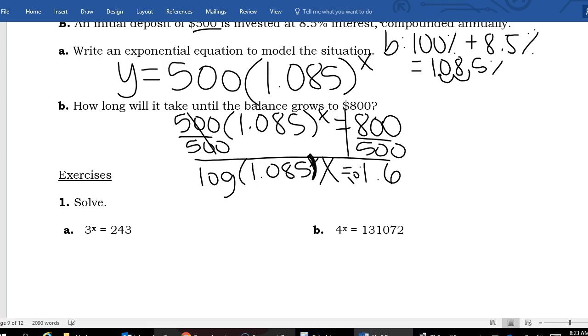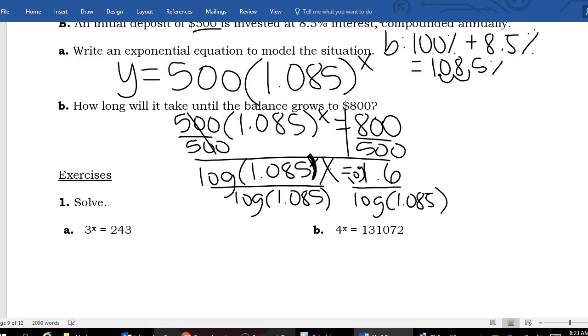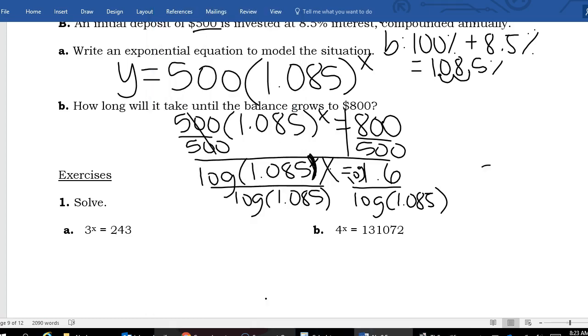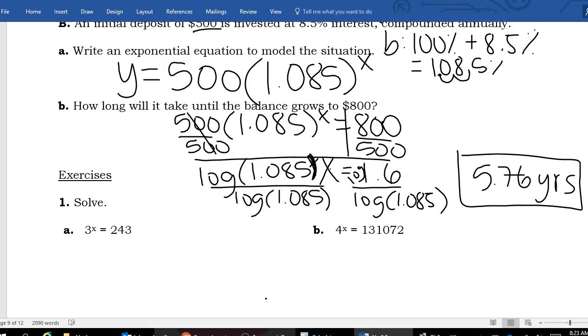So we're going to divide by the number in front of x. We're going to divide by log 1.085. And on my calculator, log of 1.6 divided by log of 1.085 tells me it'll take approximately 6 years for that savings deposit to mature.